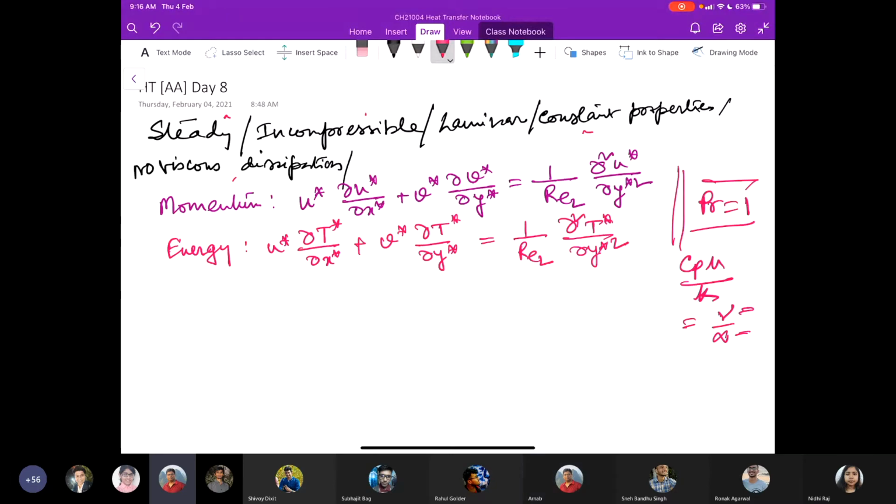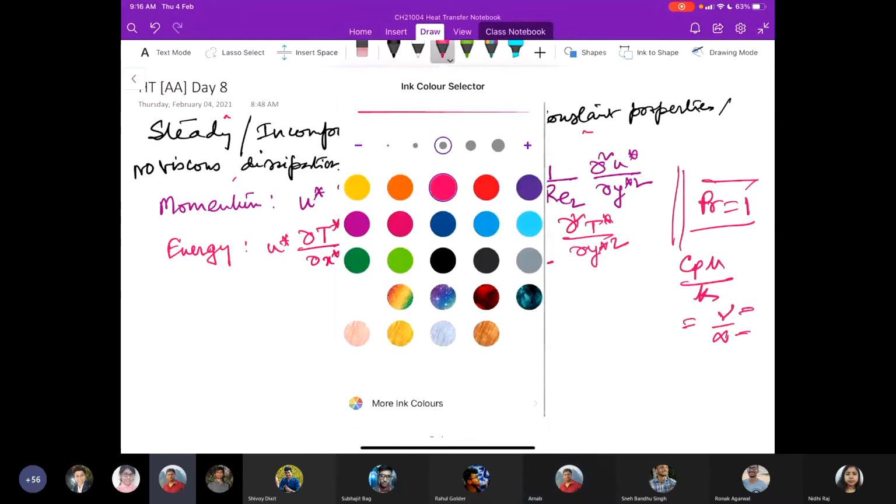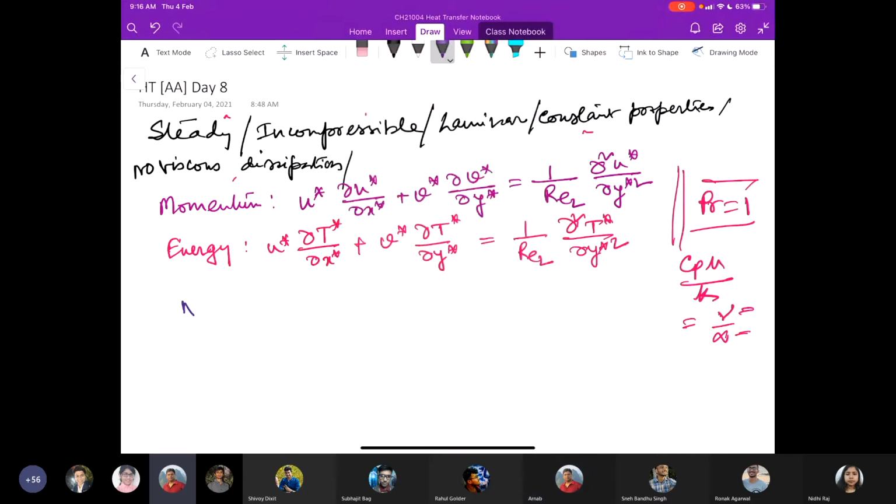Okay. The Nusselt number, on the other hand, is hL by k, the ratio of convection to pure conduction heat transfer.